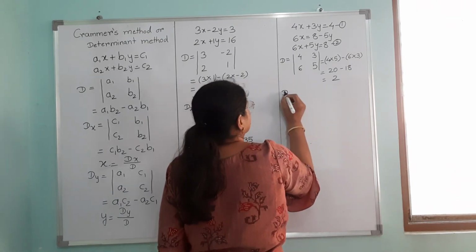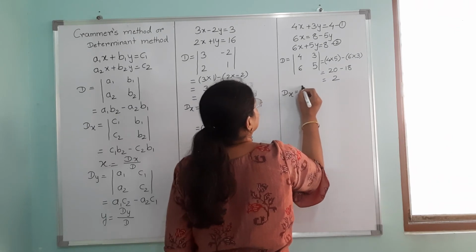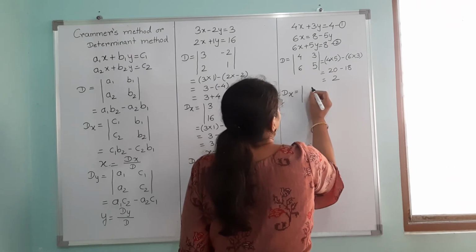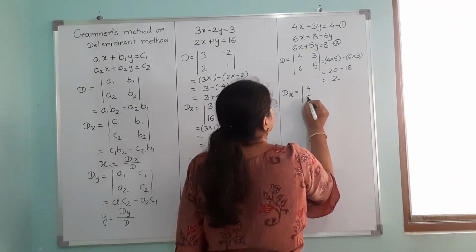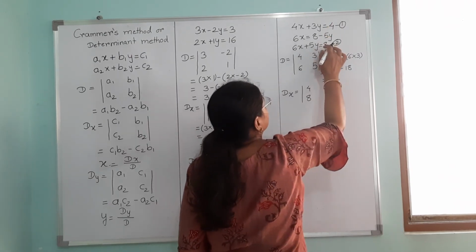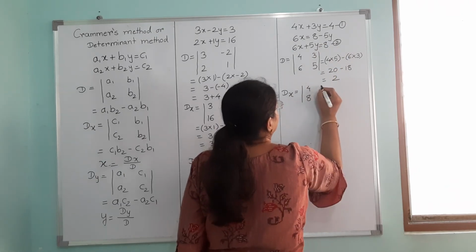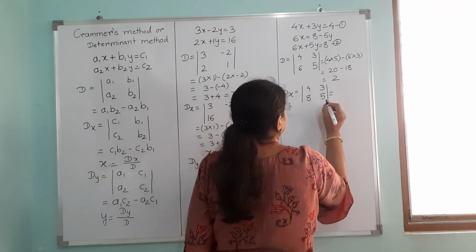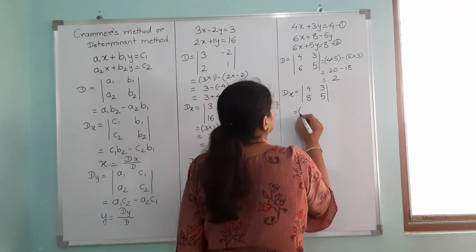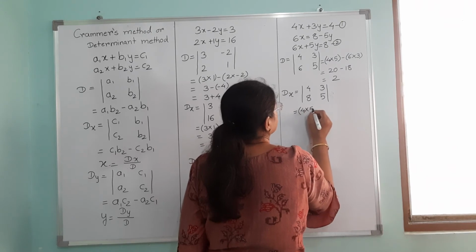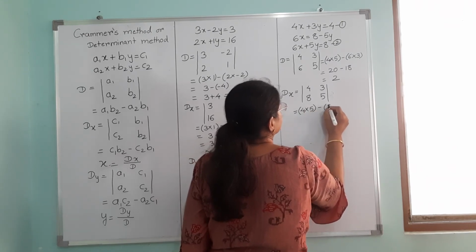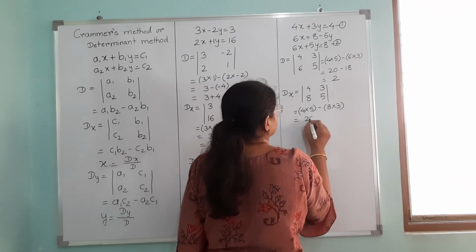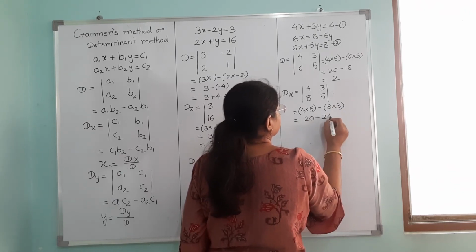Now let us find the determinant dx. Now the coefficients of x should be replaced by the constants. So the constants are 4 and 8. The y coefficients will remain the same. So we will find its value. 4 into 5 minus 8 into 3. 4 into 5 is 20 minus 24.